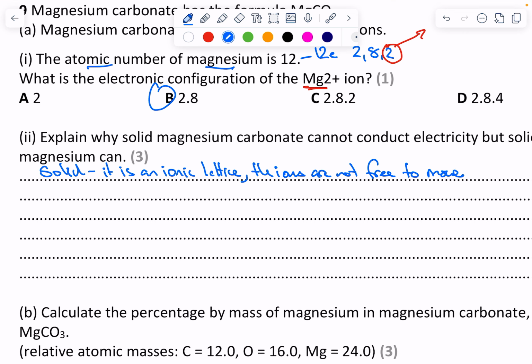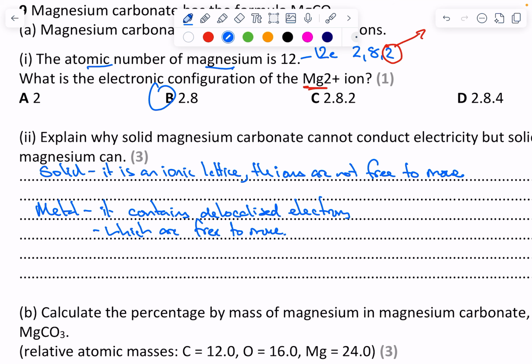Where we go to the metal, the magnesium, in this situation, it contains the delocalized electrons which are free to move.